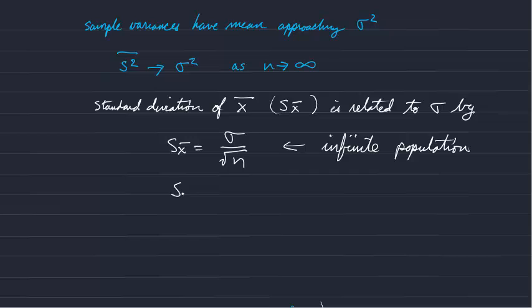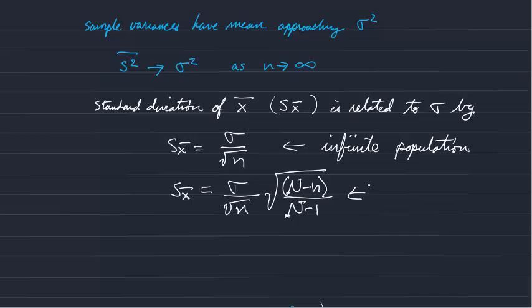And if the population is finite, the standard deviation of the sample mean is equal to the population standard deviation divided by the square root of n, times the square root of the population size big N minus n, divided by big N minus 1.